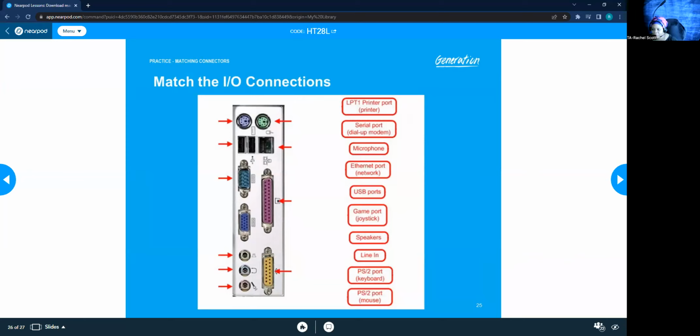Okay, so now we need to match up. Remember I said you would see this screen again? Let's see. LPT1 printer port. Describe that connector to me.